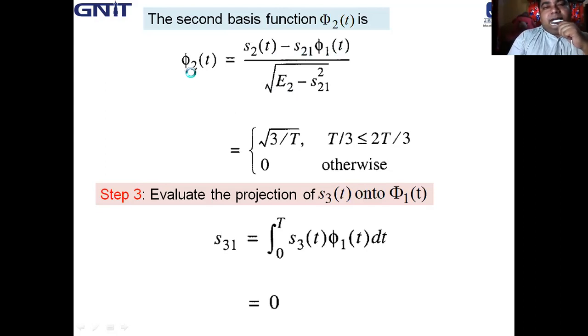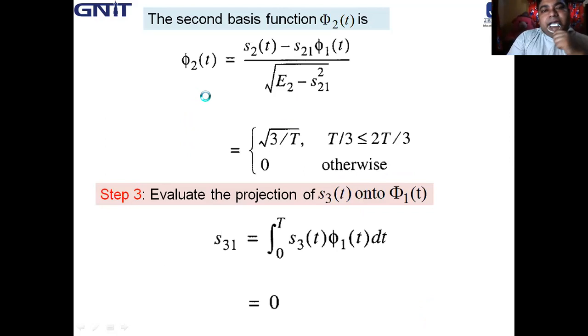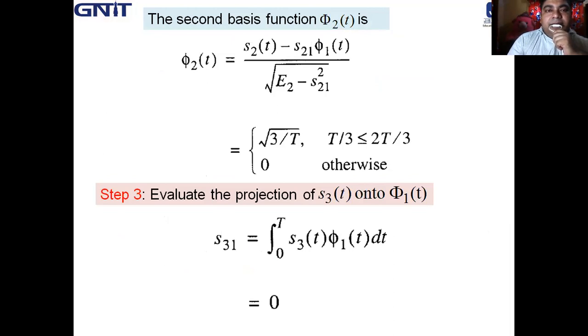So we can easily calculate, using the result of S21 and E2, that phi 2(t) is equal to root over 3/T, where t belongs to T/3 to 2T/3, because phi 1(t) belongs to 0 to T/3 and S2(t) belongs to 2T/3. So phi 2(t) is for t belonging to T/3 to 2T/3.